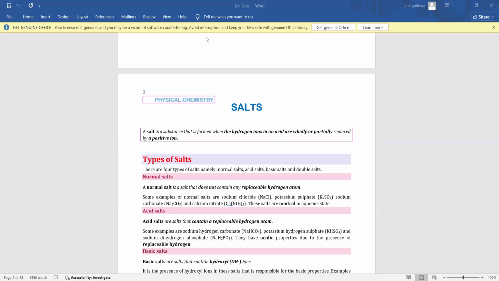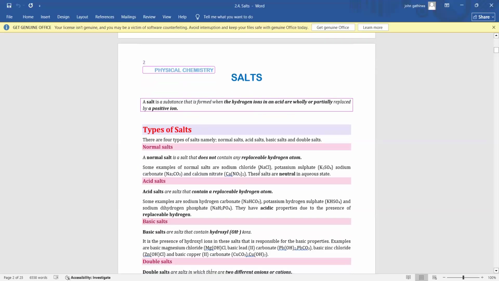An example is ammonium iron sulfate. Here we have ammonium iron sulfate. Very good. So those are the types of salts and their examples.